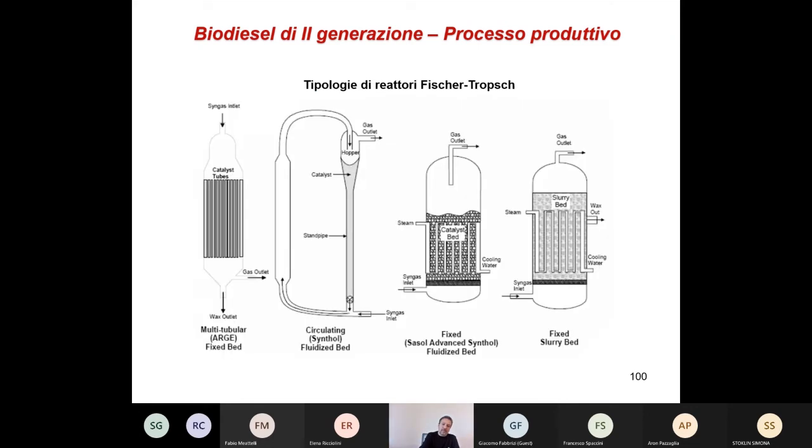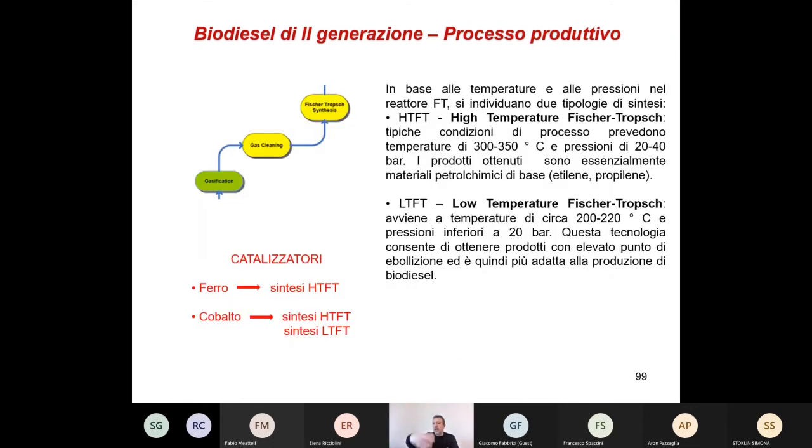It's a very complicated reaction, and it's more complicated for biomass because you obtain a dirty syngas where not only CO and hydrogen are present, but also a lot of not considered fractions. You have to separate them, or they can create a lot of problems to the catalysts, to the conditions, and so on.